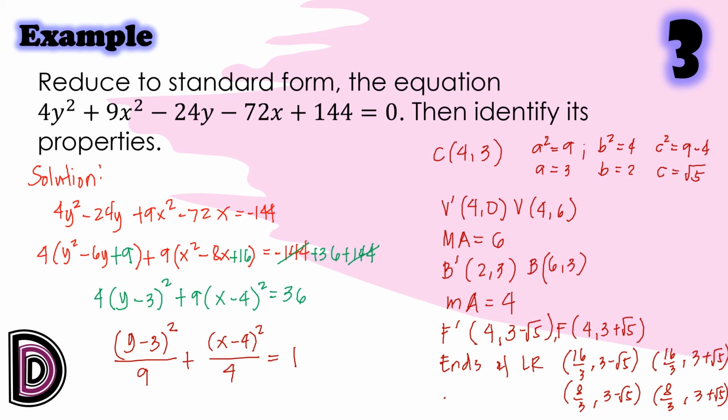The length of LR is equal to 2b squared over a, so that will be 2 times 4 over 3, that is 8 over 3.